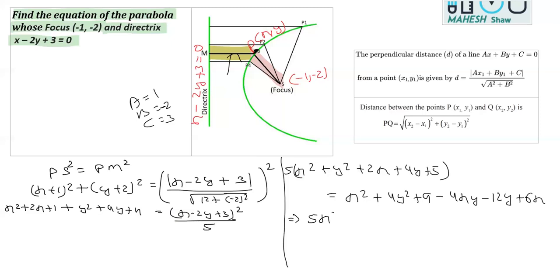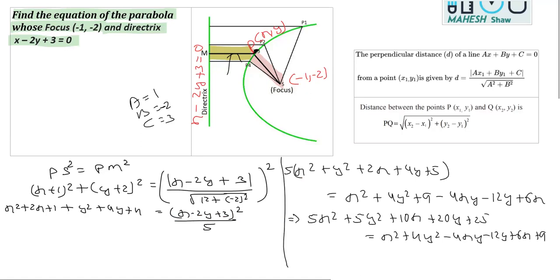Now in the next part, we'll open the bracket here. So this will give you 5x square plus 5 times y square plus 10x plus 20y plus 25. On the other side, we have x square plus 4 times y square plus 9, or I can write in decreasing order of power, minus 4xy minus 12y plus 6x and plus 9.